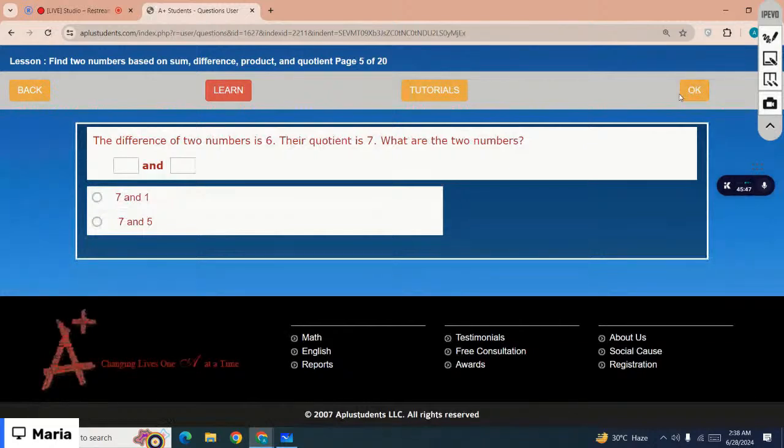The difference of two numbers is 6. Their quotient is 7. What are the two numbers? So which is the correct option?